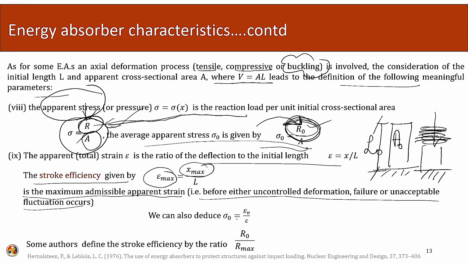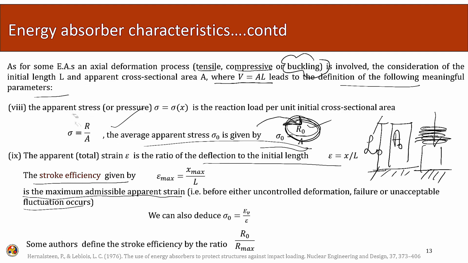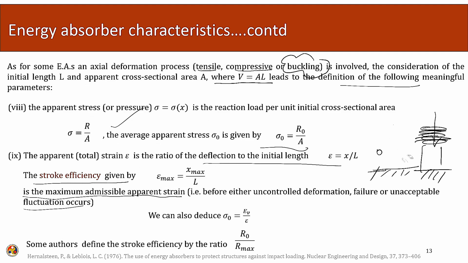Similarly, sigma naught, the average apparent stress, can also be written in terms of the volumetric energy divided by the total strain. The stroke efficiency is also defined sometimes by the ratio of the average reaction load divided by the maximum reaction load. So these terms are basically used in order to compare the efficiency of the energy absorbing system.